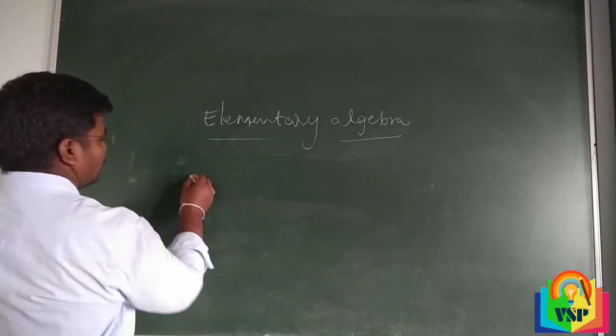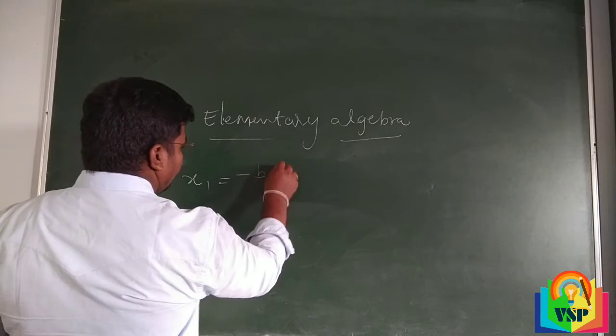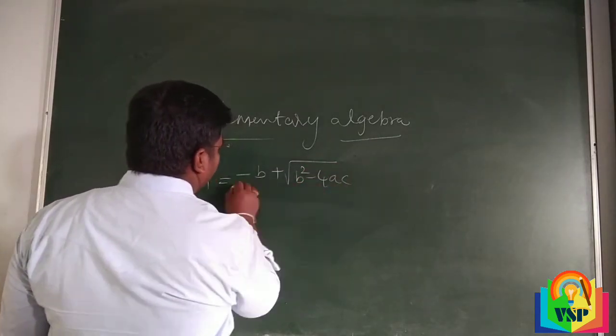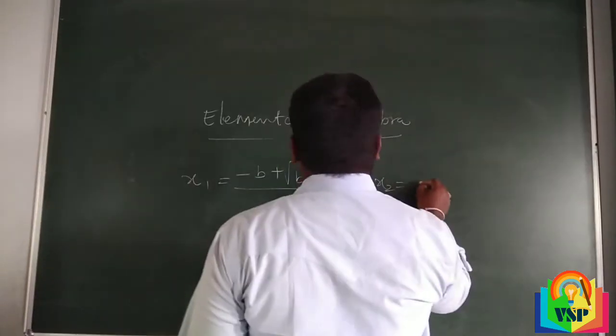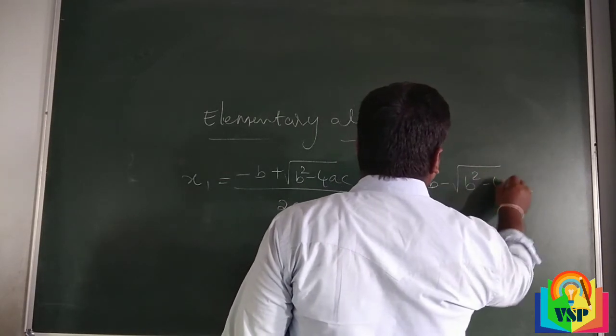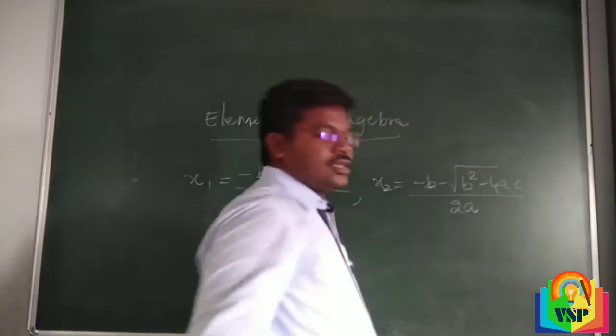Say if x1 is equal to minus b plus root of b square minus 4ac by 2a, then x2 becomes minus b minus root of b square minus 4ac divided by 2a.